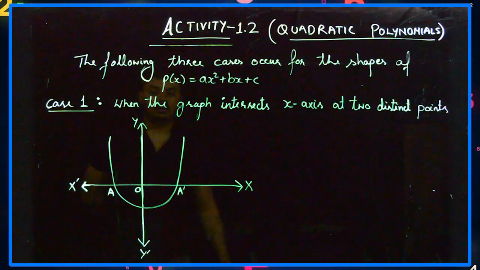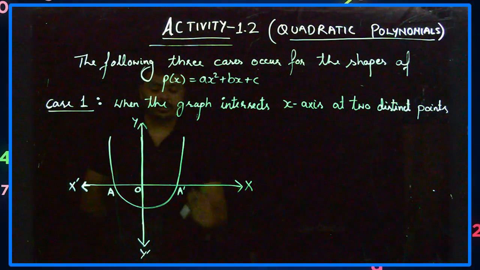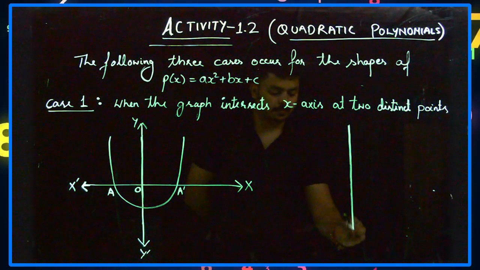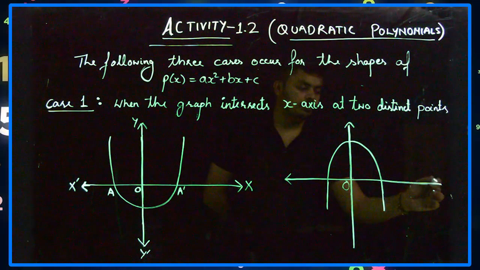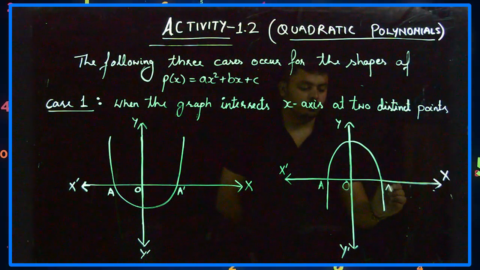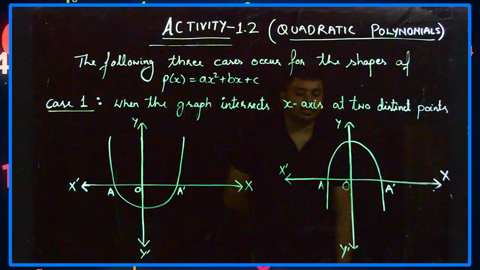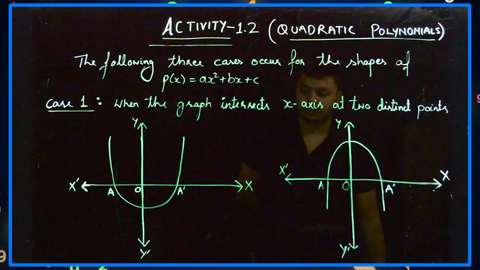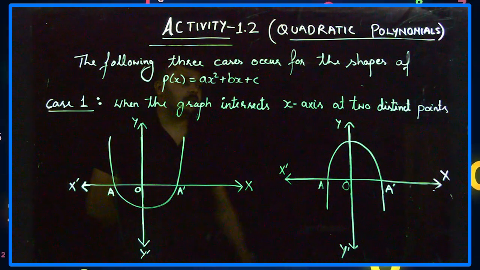You can see the graph here of the quadratic polynomial intersects x-axis at two distinct points, that is A and A dash. Similarly, you can see here the graph, that is our parabola, intersects x-axis at A and A dash. So these are the two figures that we obtained in case 1.